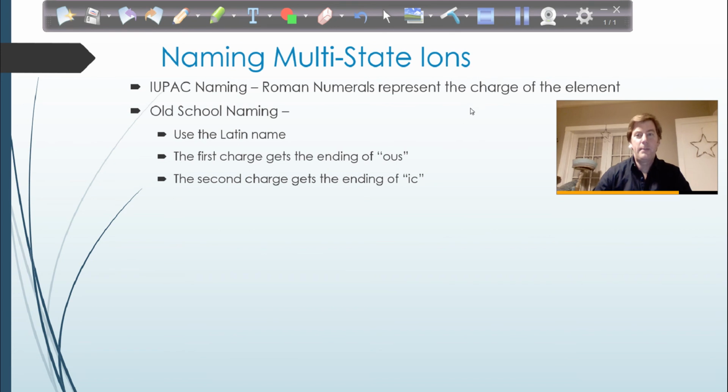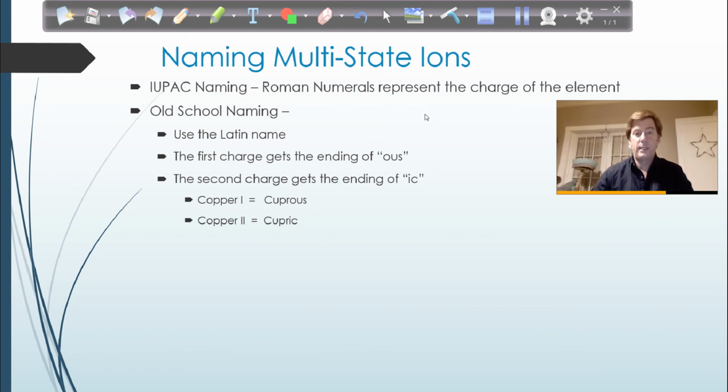So some examples. The IUPAC naming for copper with a +1 charge would be copper 1, Roman numeral 1. And I should have had a serif font here, I know, but it's what I got. And so the Latin name is cuprus. Cupric is the second state. Copper 2, positive 2 charge would be cupric.